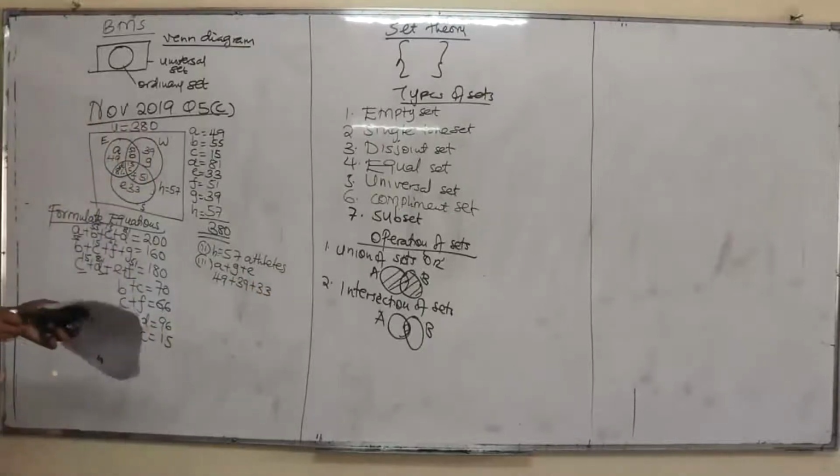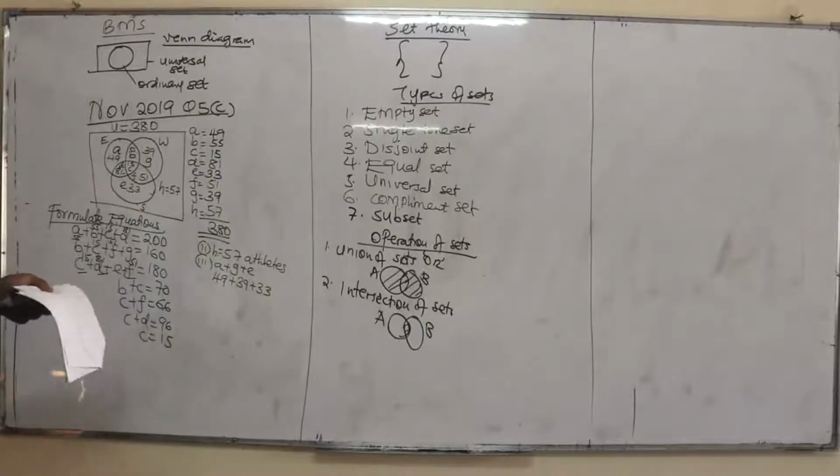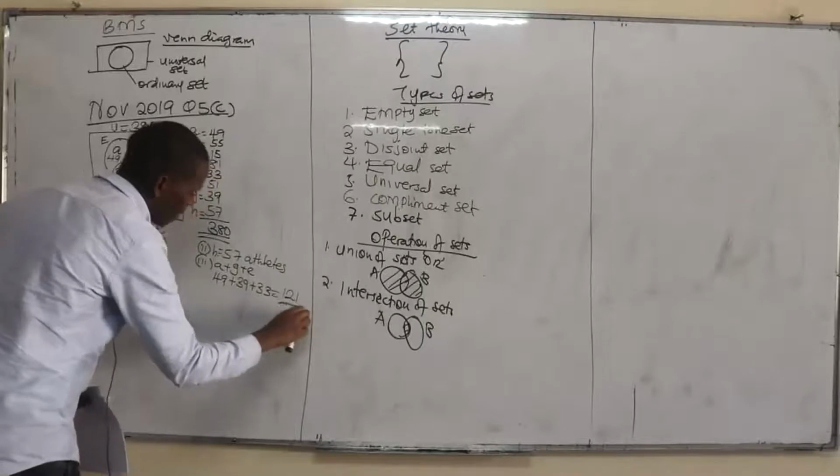So in that case, it will be 49 plus 39 plus 33, which in that case is 121 athletes.